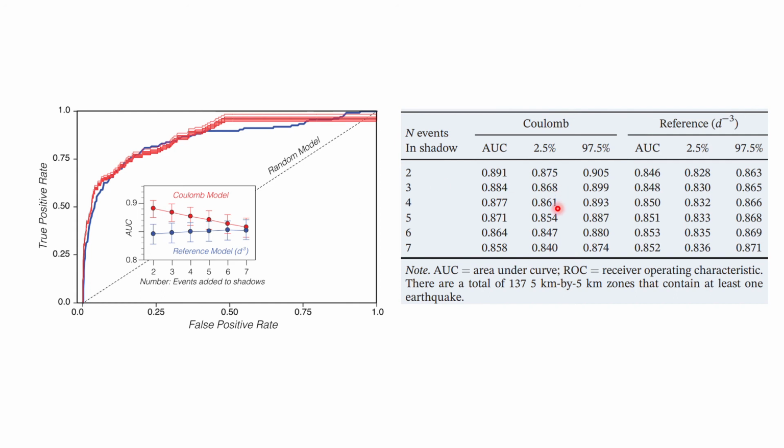So from the values in this table, we can see that after adding just 4 events to shadow areas, the confidence bounds of the Coulomb and reference model overlap. This occurs because area under the curve values for the Coulomb models decrease whereas the reference model value increases with the addition of shadow events.